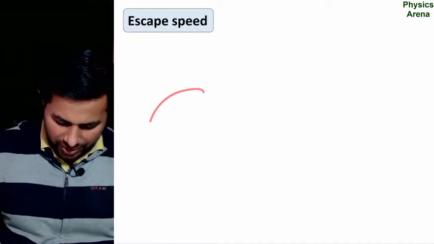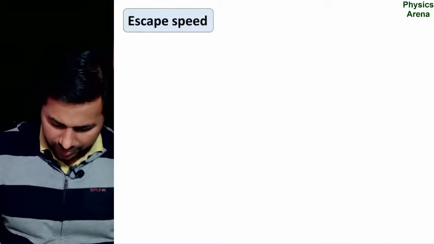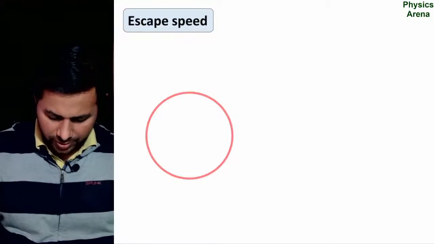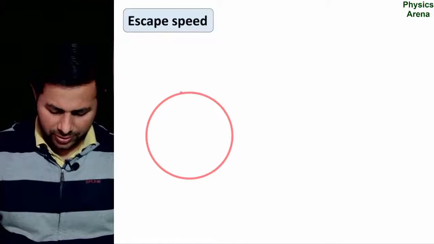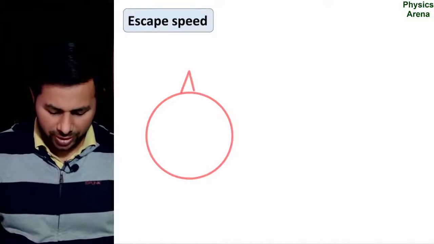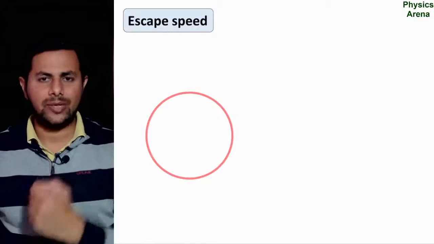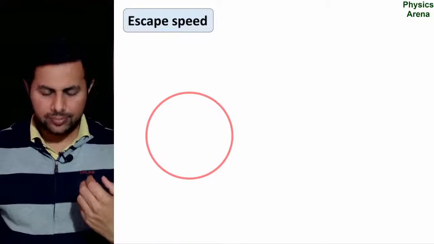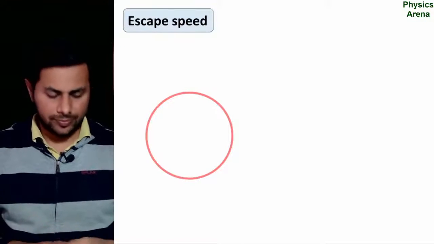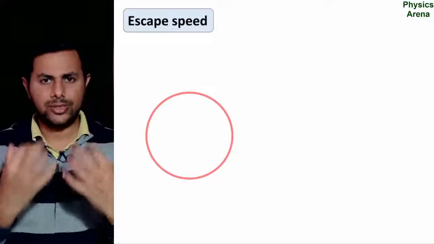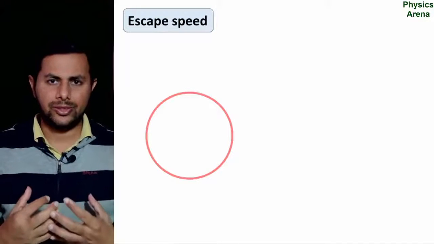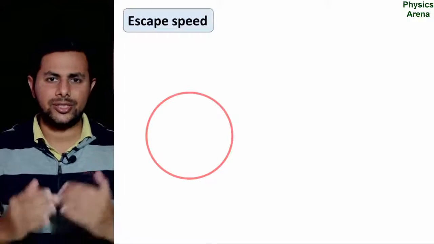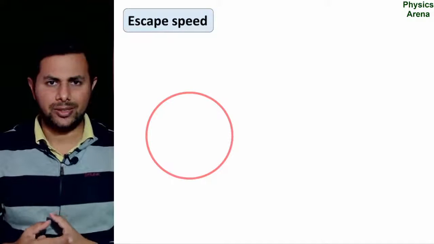Okay, so if this is our Earth and we throw an object, let's say a stone, then it goes to some distance and it falls back. So why does it come back? It's because Earth pulls it back. Okay, due to the gravitational force, it accelerates downwards. Okay, so acceleration is negative throughout its motion.